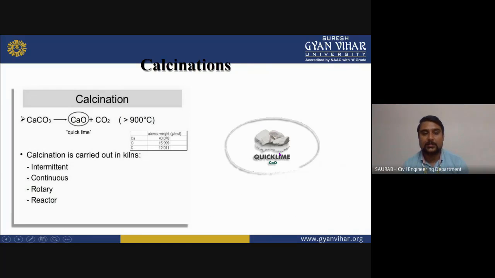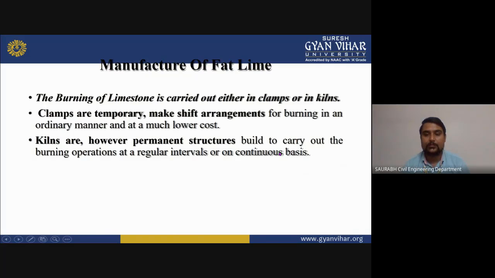So this is the process of calcination, where the chemical formula is given here, and there is also the atomic weight of each of carbon, oxygen, and calcium. CaCO3 will be divided into CaO plus CO2, and this is the calcination process of quicklime.